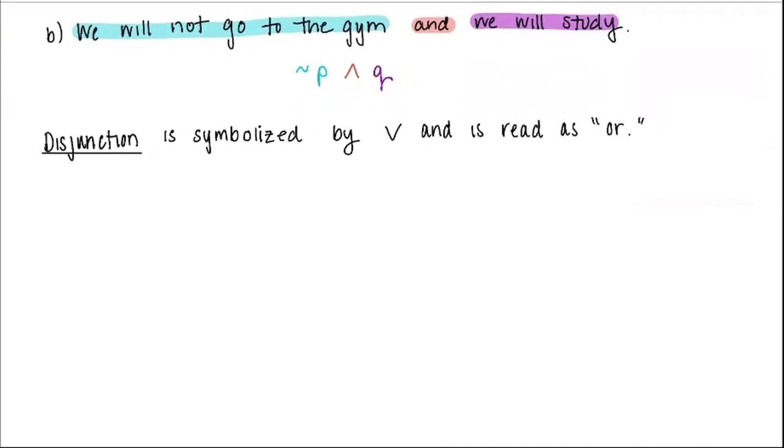Right. So let's try another example, working with our symbolic form still. We're going to let the statement P be I am innocent, and the statement Q be I have an alibi.